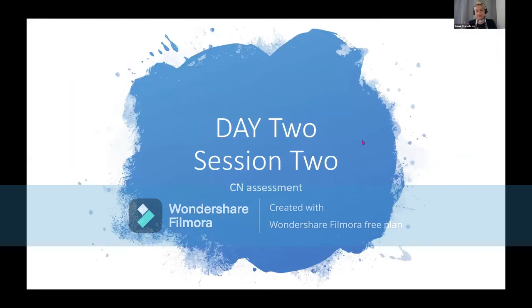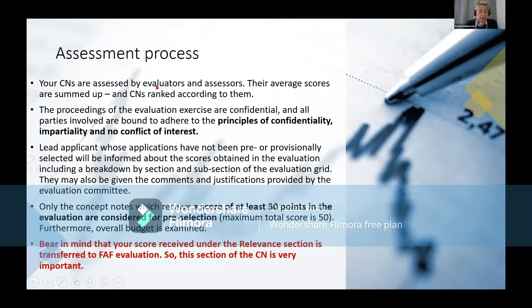So we have this second and last session, which is related to concept note assessment. And we will start with the description of the assessment process. Your concept notes are assessed by evaluators and assessors.